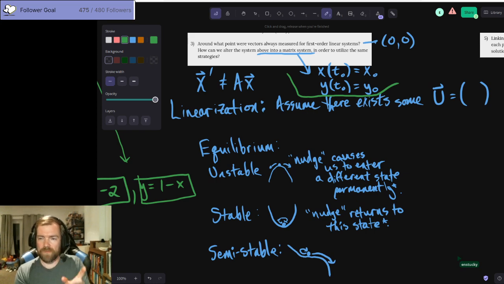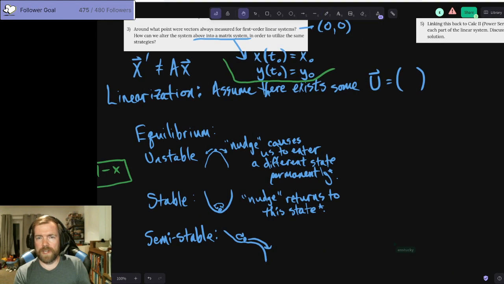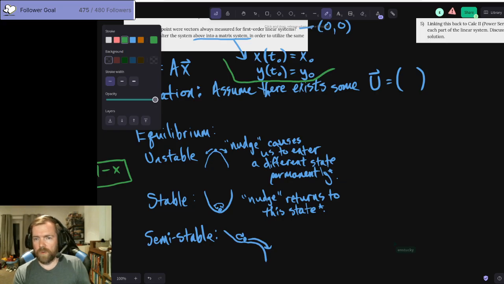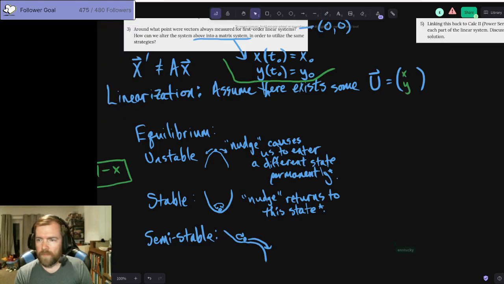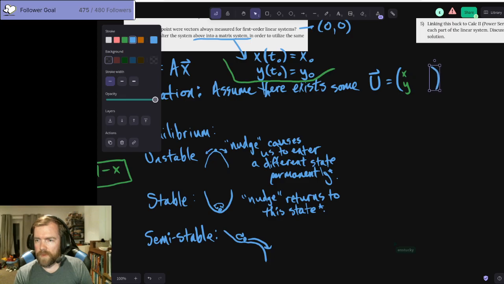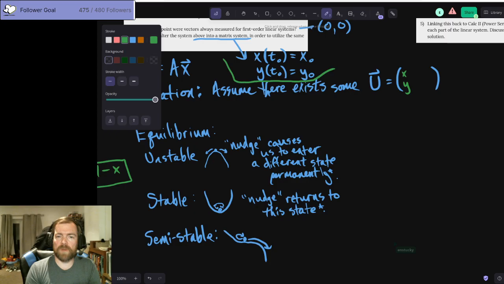All right, so what we're going to do is say that u is a transformation of our original x vector, which would have just been (x, y). And we're going to transform it very simply just by moving it.